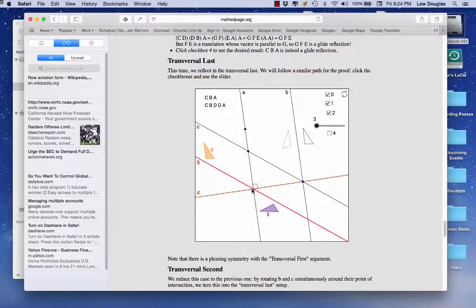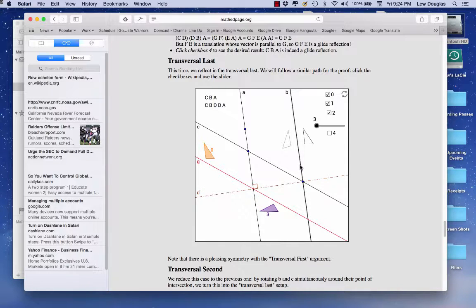And then we have DB, and that composition of reflections is equivalent to a rotation around this point, the intersection of B and D. The important thing is that the angle of rotation is twice the angle between the lines.